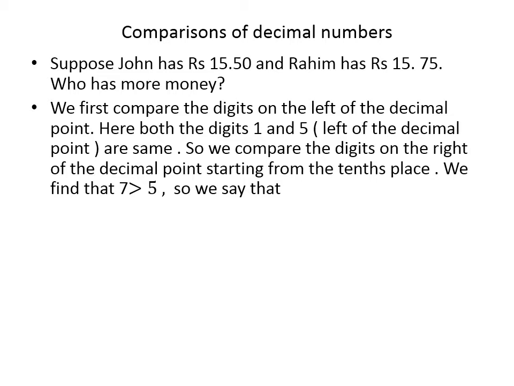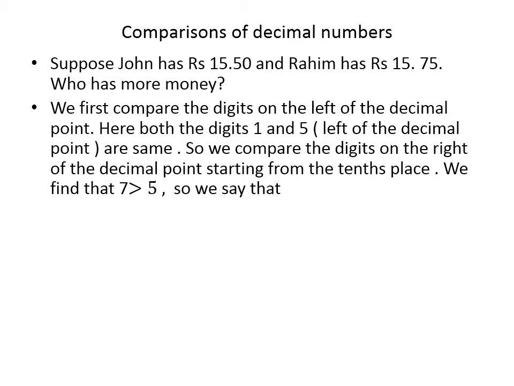We first compare the digit on the left of the decimal point. This is the decimal point, here also a decimal point. On the left of the decimal point we have a digit at the ones place, which is 5. Compare this with the other number at the ones place, both have 5.